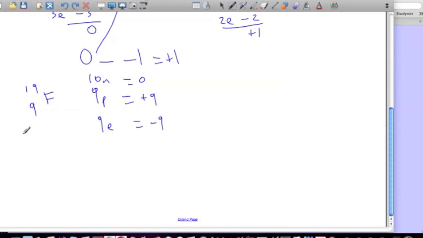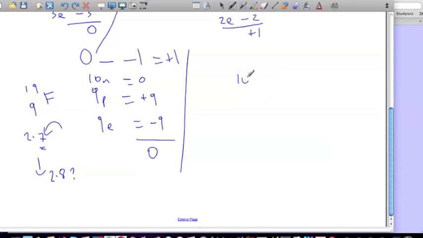The electronic structure of fluorine is 2.7. It's in group 7. If it wants to become stable, it's going to gain 1 electron to become 2.8. So if that's the atom, which has a 0 charge, then the ion will have 10 neutrons, which is 0.